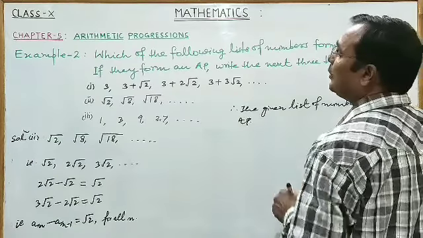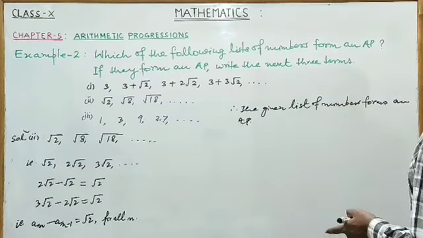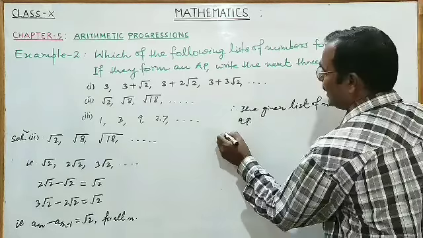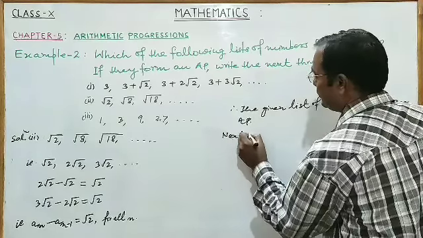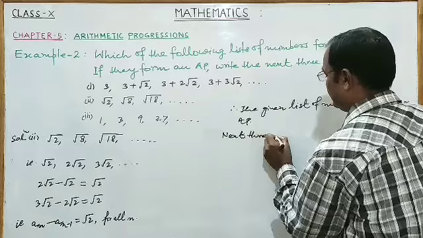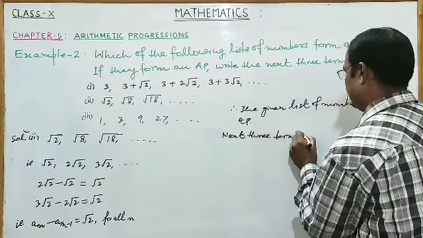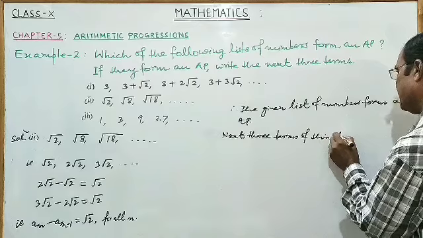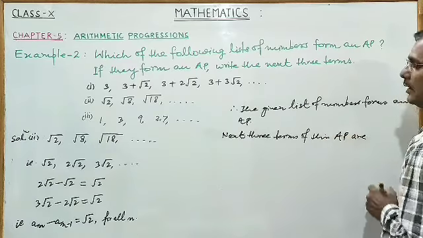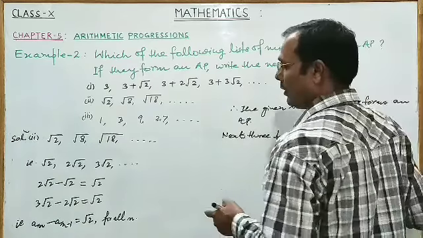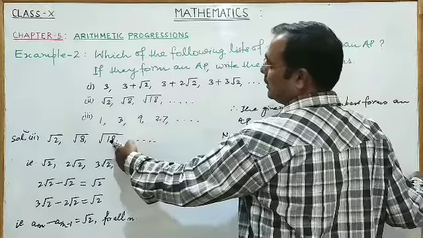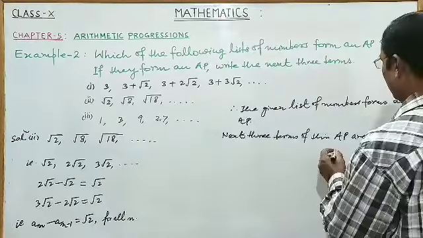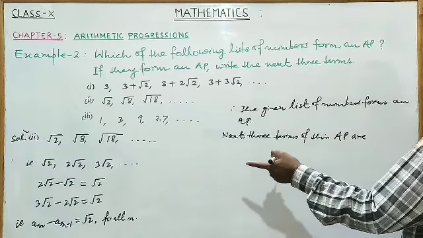Now we have to find the next three terms of this AP. So the next three terms of this AP are, this under root 18 can be written as 3 under root 2, and common difference is under root 2.